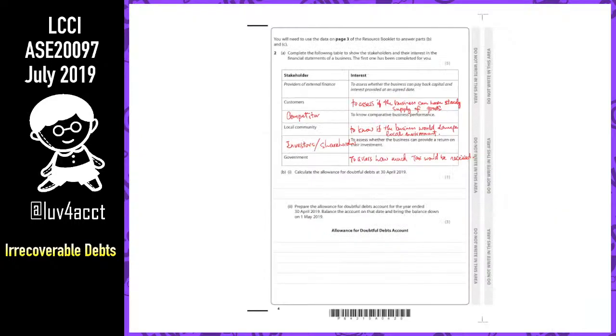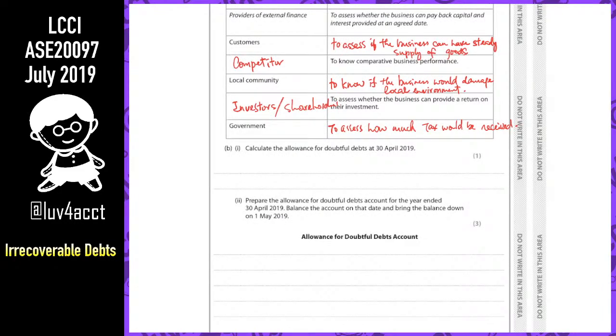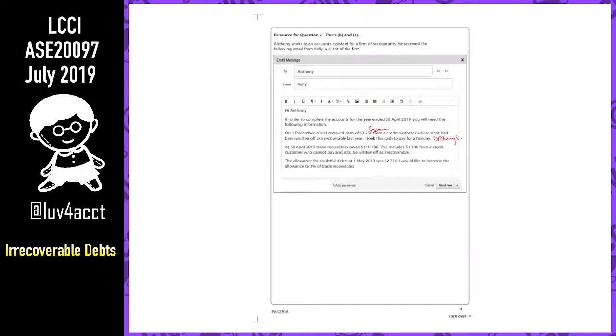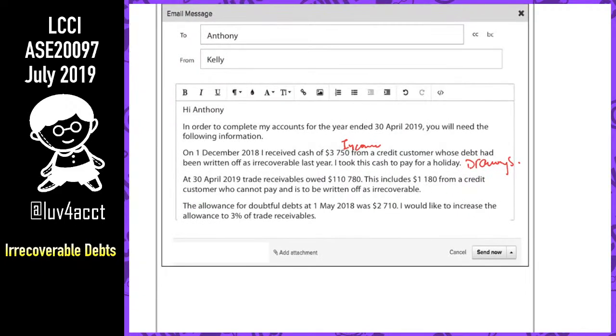So calculate the allowance for doubtful debts at the end of the year. Sorry, let me put the mic in a better position. So we will calculate first. One mark here, so no need to show the workings.